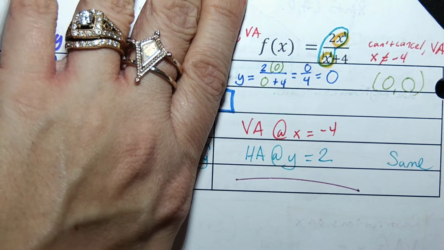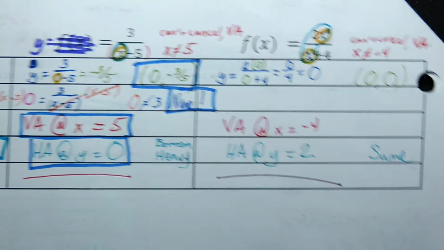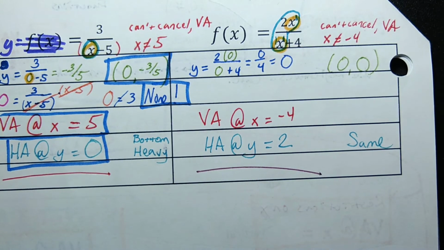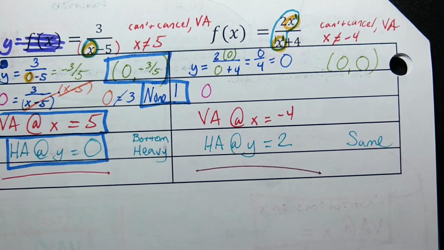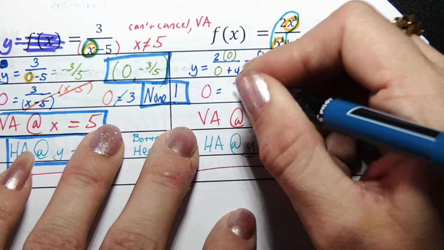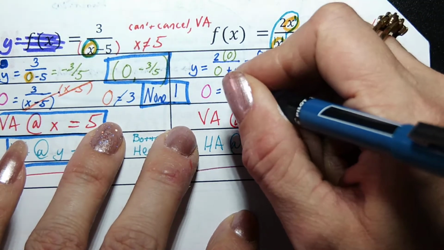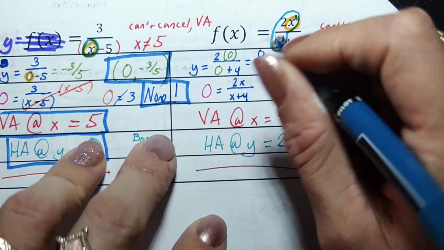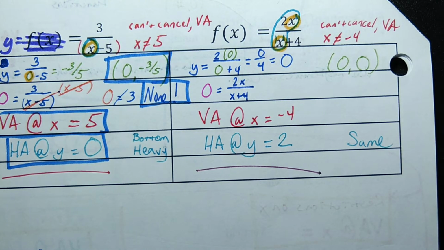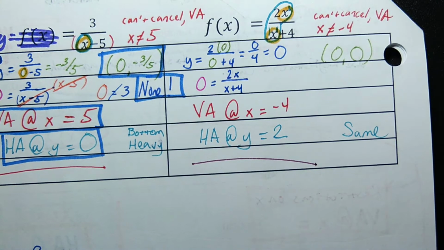So now what about the x-intercept? For the x-intercept, we're going to plug 0 in for y. So 0 equals 2x over x plus 4. How will we solve this for x?